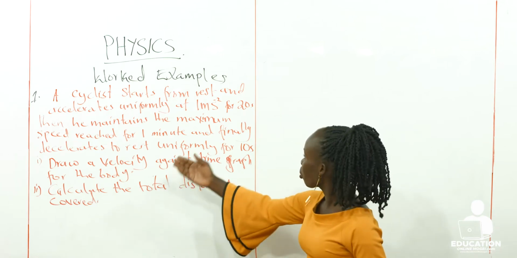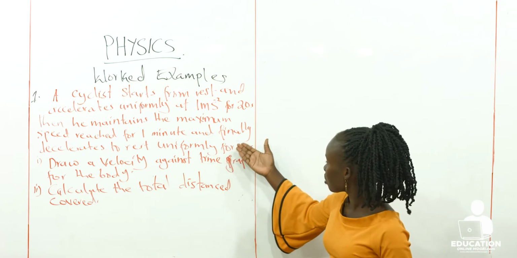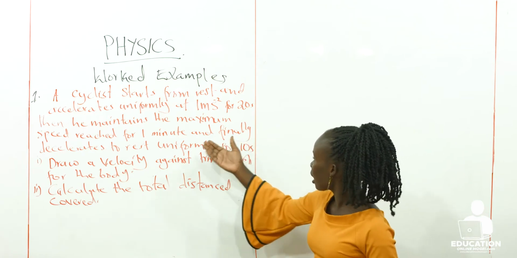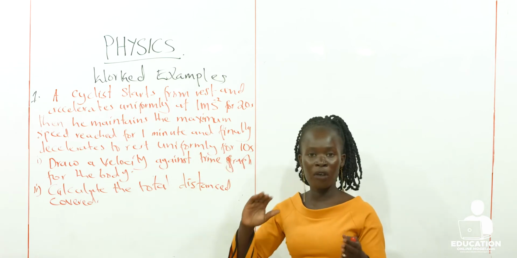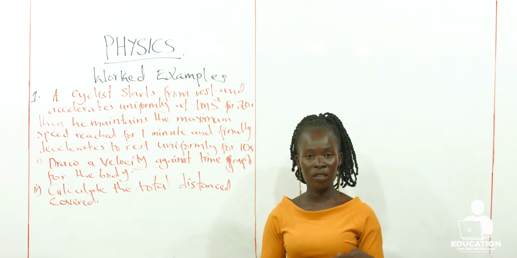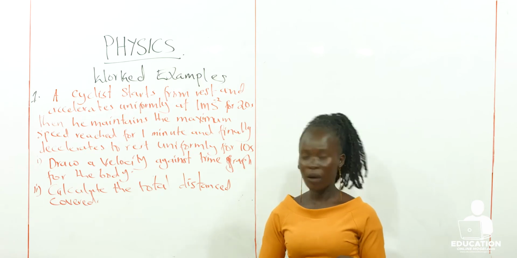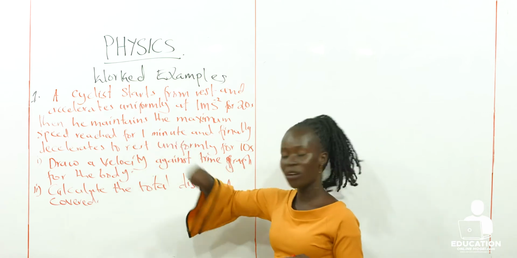If you look at your question, some time frames have been given in seconds, and others, there is also 1 minute. So there is a mix of minutes and seconds, and you have to convert to the standard unit, the seconds. You'll see how many seconds there are in 1 minute.